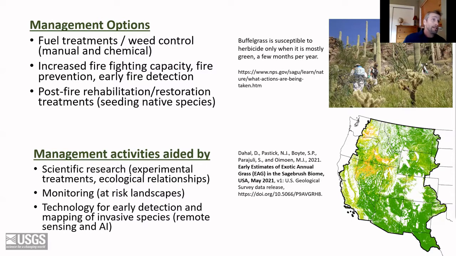Monitoring change in the field, especially in at-risk landscapes, is also important, as is using remote sensing technology and image analysis for early detection and mapping of invasive species, in which we rely on detection of the distinct cover, morphology, or phenology among invaded versus native landscapes to detect invasive species, and ideally to detect early invasions and have a chance to stop them while they're in those early stages.